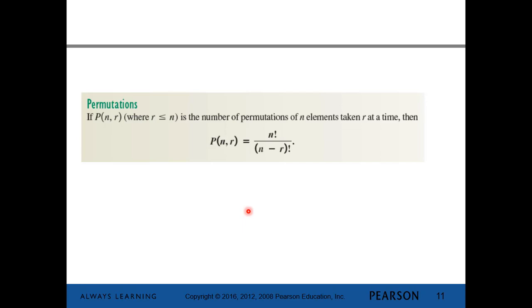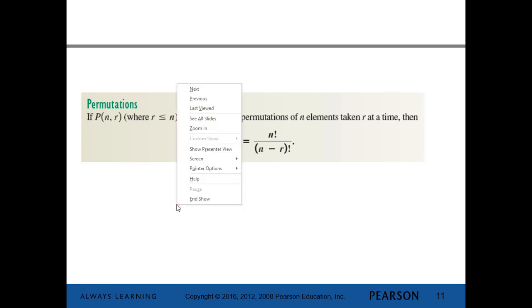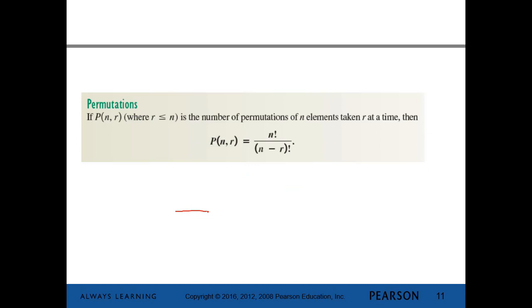Well, what I could do is, again, use my little dashes that I've been using. If I have a sequence of books, I want to choose 3 books. Now, I have 5 books to choose from, but I only want 3.